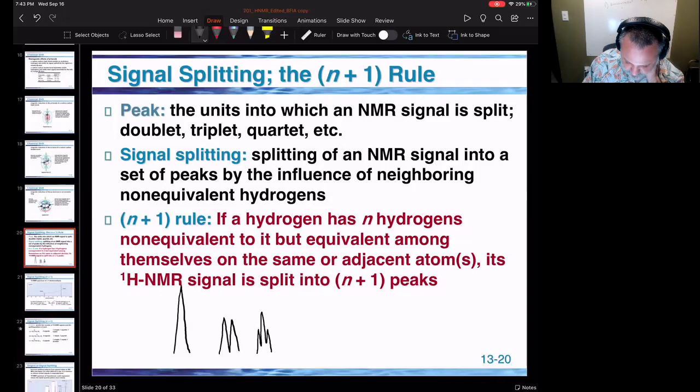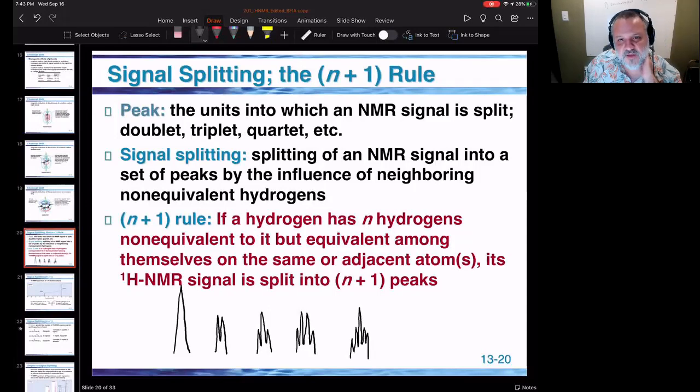It could split into, and I want to draw this doublet a little bit better, it would be something like this. Okay. It could be a quartet. Could be a pentet. See how that split into 5, and so on and so forth. We can keep drawing these splitting patterns.